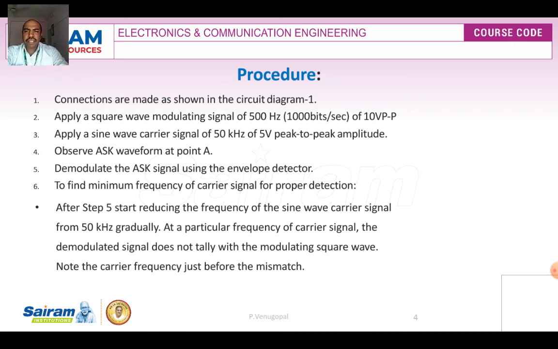So apply a sine wave carrier signal of 50 kilohertz and 5 volts peak to peak amplitude, and observe the ASK waveform at point A. Demodulate the ASK signal using the envelope detector, as I told you already. To find the minimum frequency of the carrier signal for proper detection, after step 5, start reducing the sine wave frequency. This is very simple.